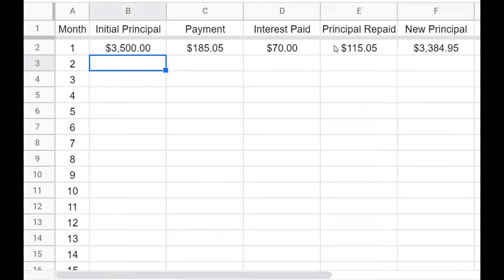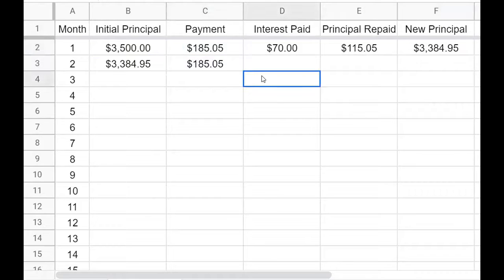So in the next month, she starts off owing the same amount of money as before. She owes that $3,384. We've decided that she's paying $185 every month. All right, in the first month, she paid $70 in interest. Is she going to pay $70 in interest again in the second month?